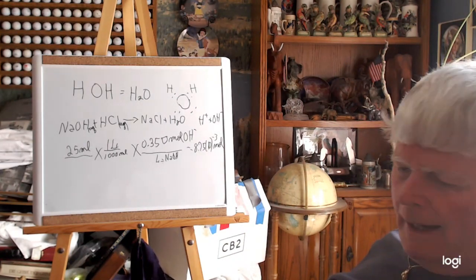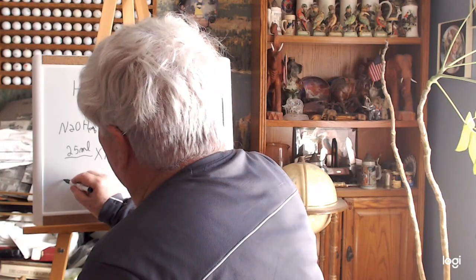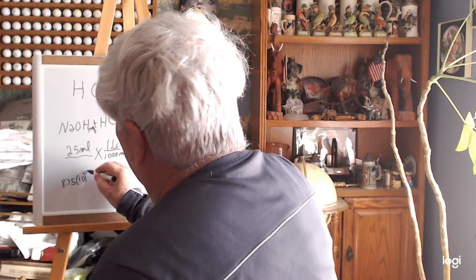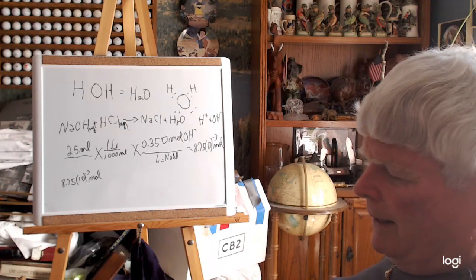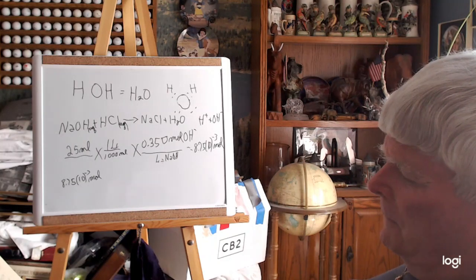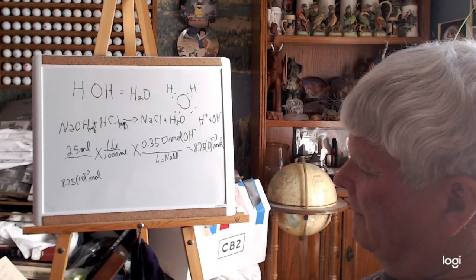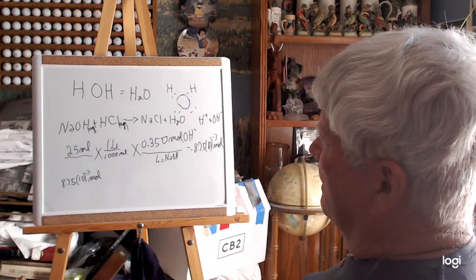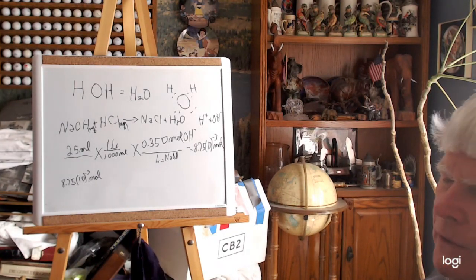So when you're setting up the problem, you take the 8.75 times 10 to the minus third moles of the hydroxide ion that you want to neutralize, and divide by the 0.1 molar hydrogen ion, because you want the same number of moles of hydrogen ion as hydroxide. They neutralize each other 1-to-1.